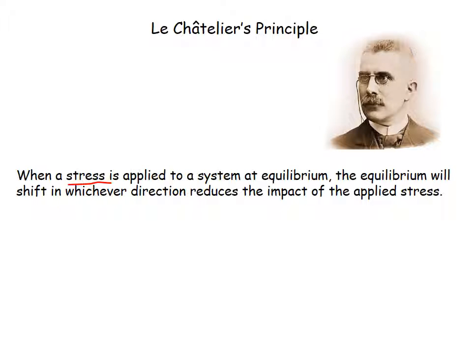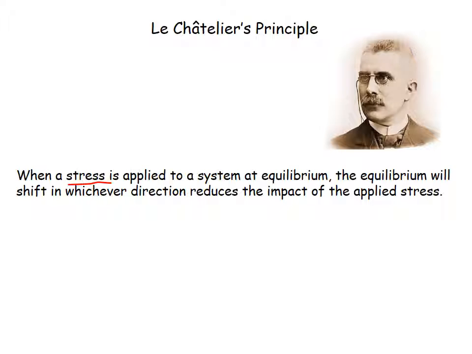Let's talk about what stress means. Okay, so stress can be anything that disrupts the equilibrium, right? So remember that when we have a reaction, it comes to equilibrium and it has a set amount of product and reactant present in the same reaction vessel. And so if we add or remove reaction components, whether it's the reactants or the products, then that will certainly change the value for Q, the reaction quotient, and that means that you are no longer at equilibrium.